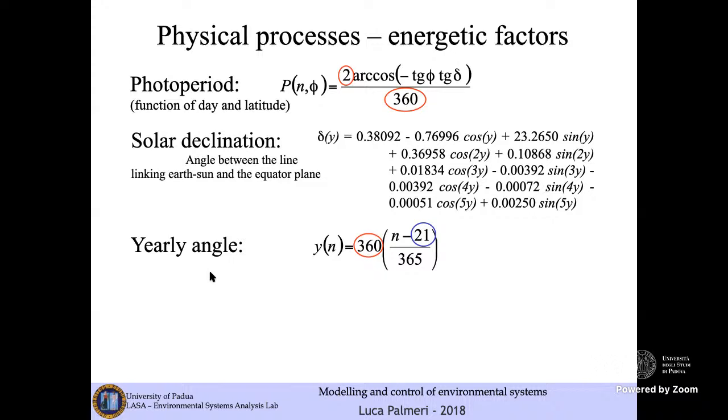In particular, we know that at different periods of the year, the Earth is at different distances from the Sun. So we need some kind of explicit modeling in order to take into account this fact.